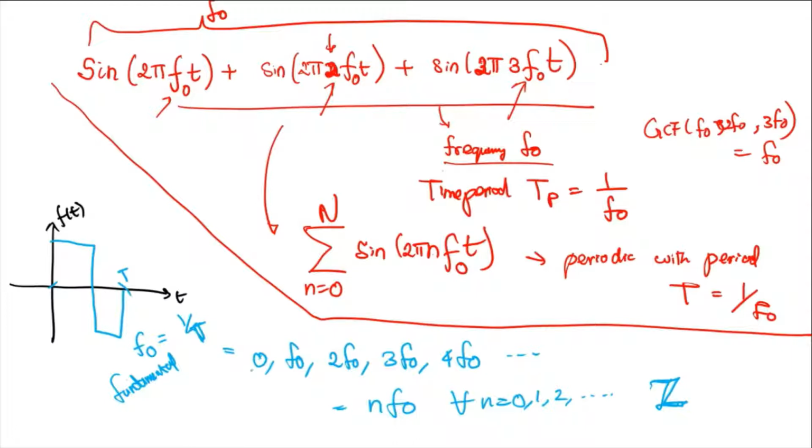So these are just a distinct set of frequencies, so you can count it. There is 1 of 0 frequency, there is 1 of f naught frequency, there is 1 of 2 times f naught frequency, 3 times f naught. So that is countably infinite, possibly, but you can still count it. So it's a countable set of sine waves that are needed.